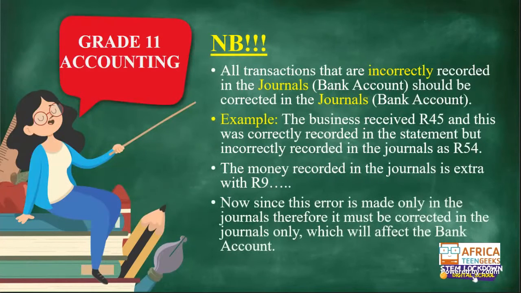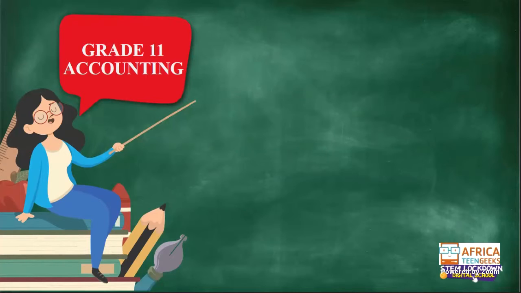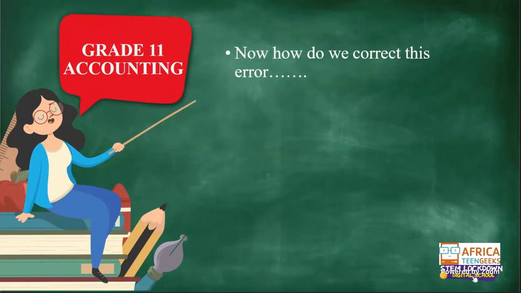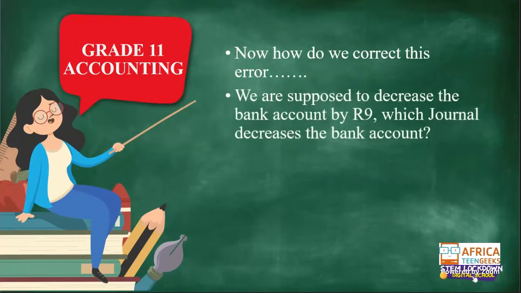Now, since this error is only made in the journals, it must be corrected in the journals, which will affect what? The bank account, right? Since you know that from the journals it goes to the bank account. Now, how do we correct this error? The bank account was increased by 54 rands, which is incorrect, right?